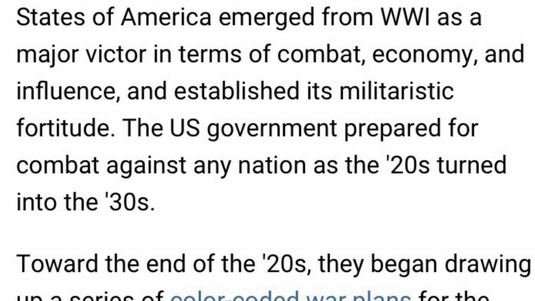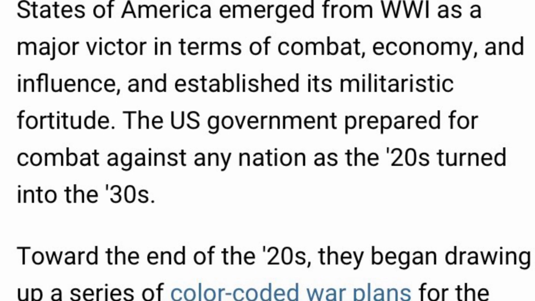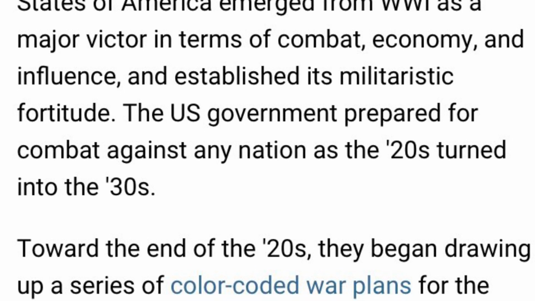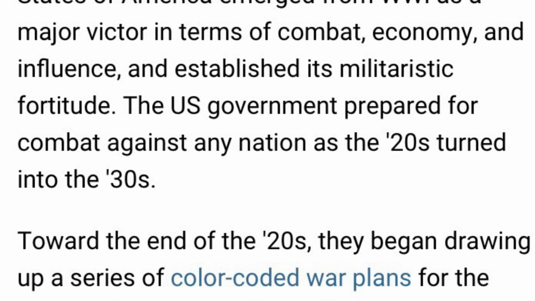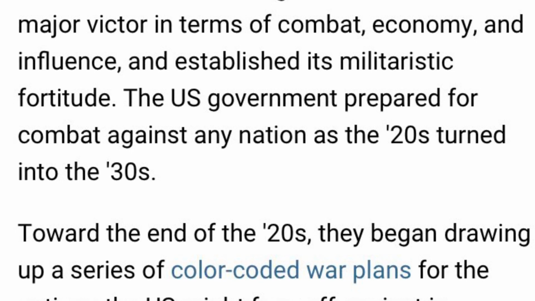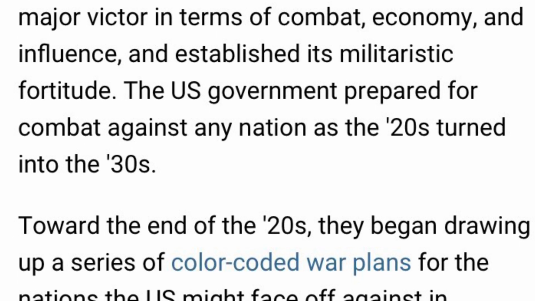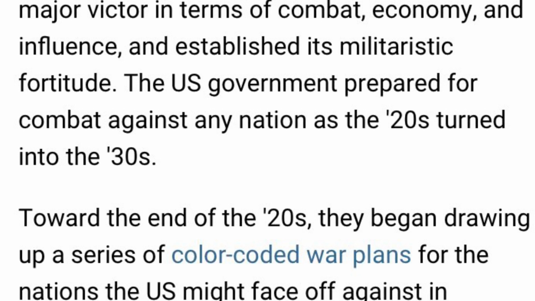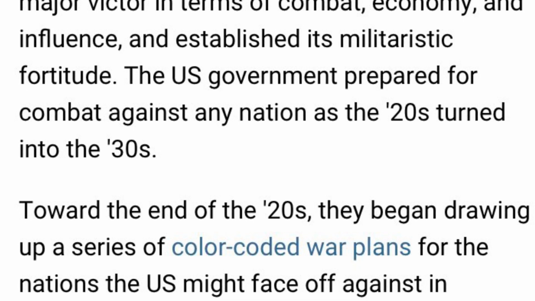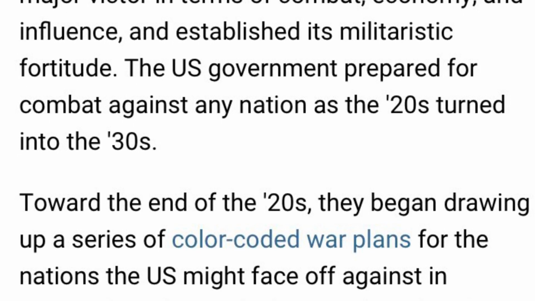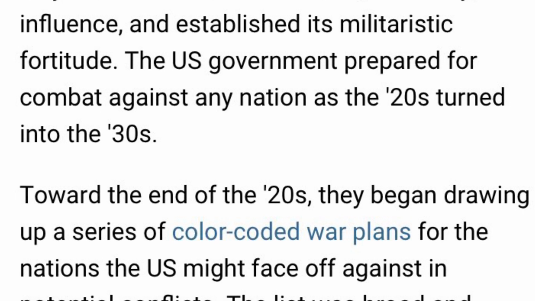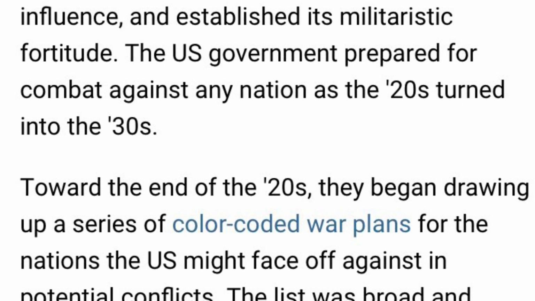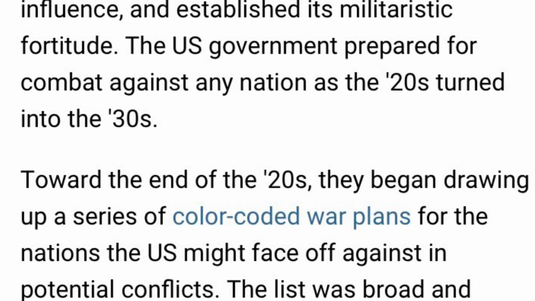The United States government prepared for combat against any nation as the 1920s turned into the 30s. Towards the end of the 1920s, they began drawing up a series of color-coded war plans for the nations the U.S. might face off against in potential conflicts.